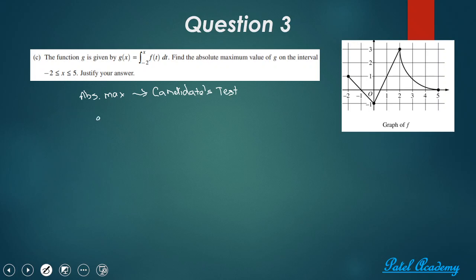And so I get my g prime at x is equal to f at x. Sorry, no differential over here, so no dx. Remember, we have to test our endpoints and our crit points. Alright, so f at x is equal to 0 when x is equal to, I see -1.